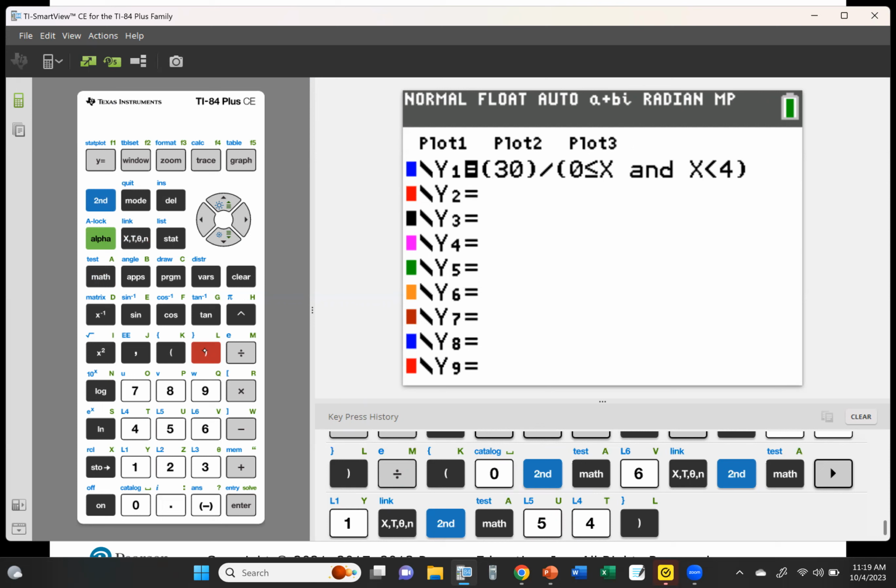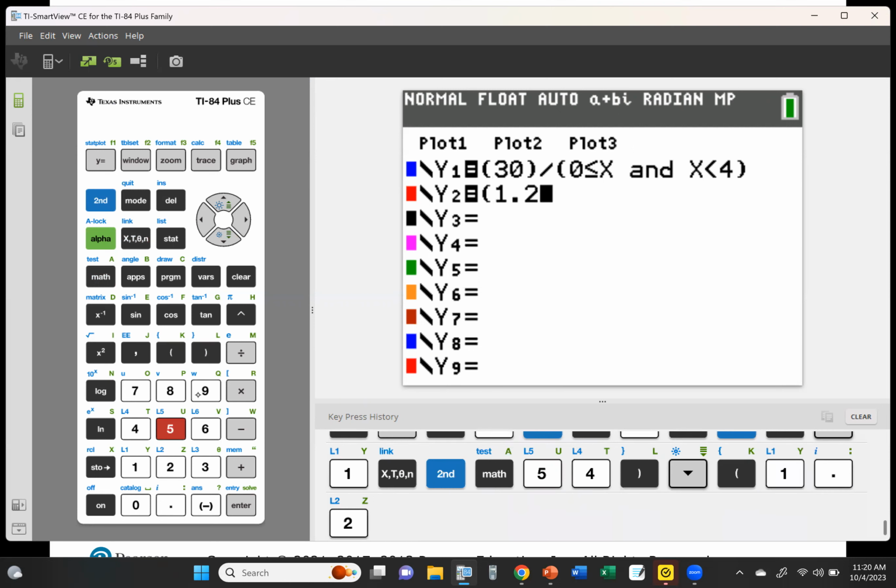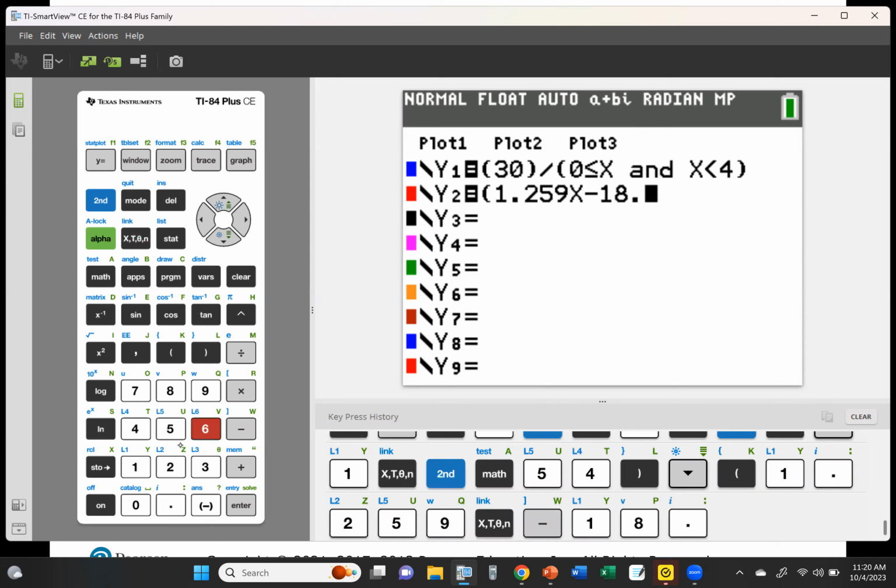All right. So the second part of this, the y2, is going to be that second part of the function. So again, I'm going to put that in parentheses. 1.259 x minus 18.611 times the square root.